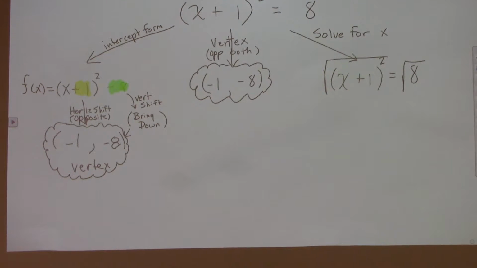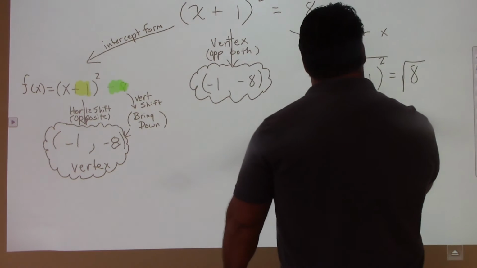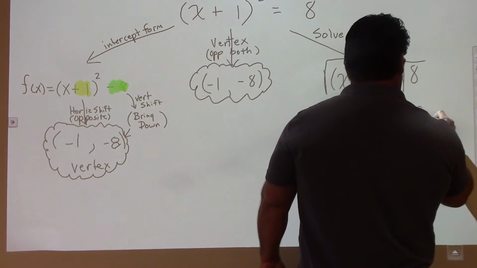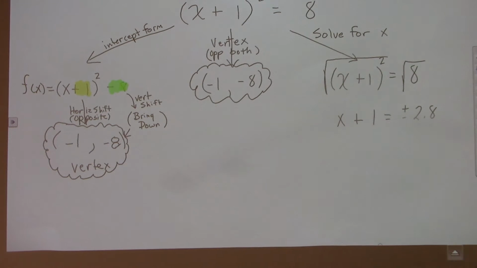Why am I not worried about it? Because what are we going to do? We're going to sketch the graph. Is it going to matter whether you put 2.8 or 2.9 on the sketch? No. So x plus 1 is equal to positive or negative. We'll say 2.8, just to be coinciding with the calculator.